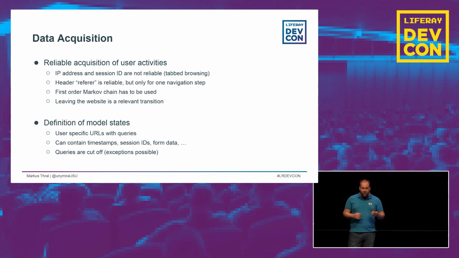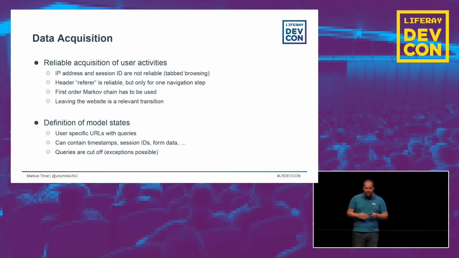If we want to use a higher order Markov-Chain with something like a history of the user's navigation, we have to find a reliable source of the navigation path, which we don't have. Okay, and also important to note is that when a user leaves the page, that's also an important navigation step for the model.